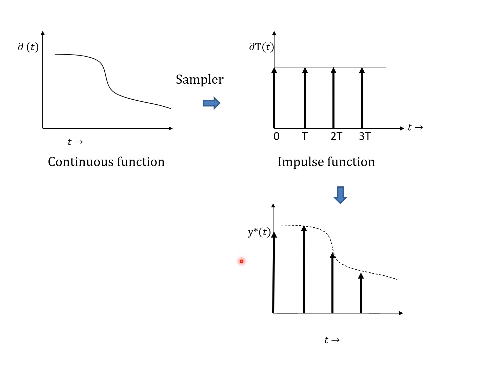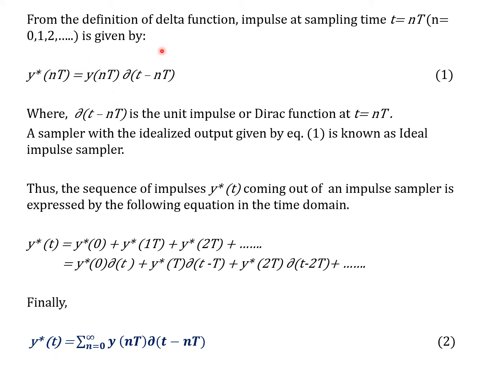So how do you formulate the equation? It can be done using the impulse function again. The Y star, the discrete time signal, is the continuous signal convolved with the impulse function, or the Dirac function as we call it, and so we get a sampler for one signal. But you have a sequence of signals, so the sequence of impulses is the signal at time 0, the second sampling time, the third sampling time, and so on.